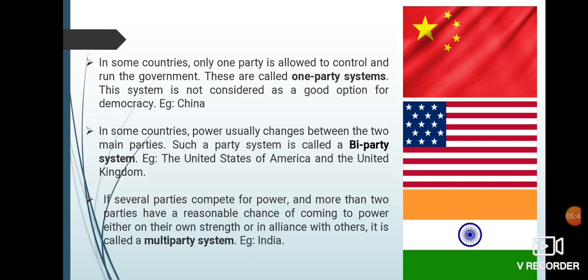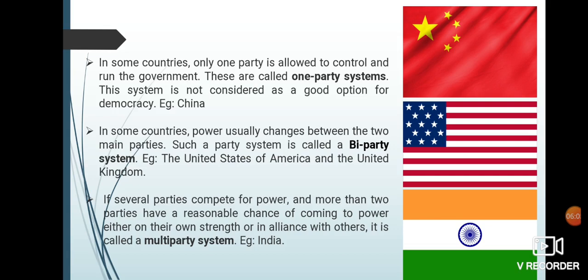So, such a party system is called two-party system or bi-party system. The United States of America and the United Kingdom are examples of the two-party system.